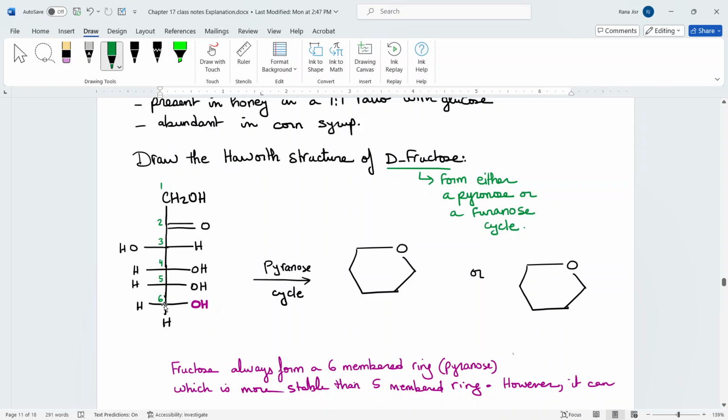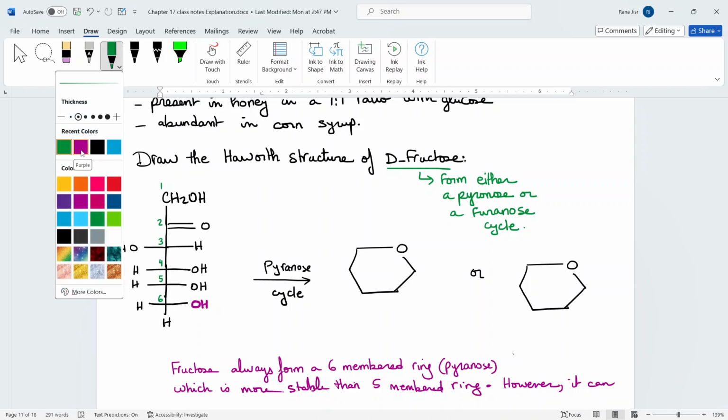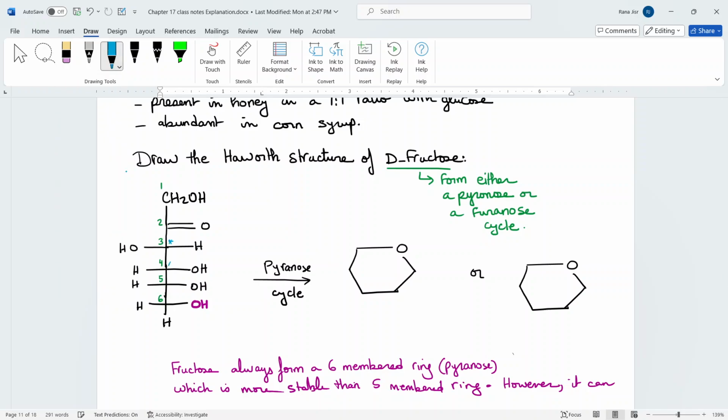This carbon doesn't have 4 different groups around it. It has 2 hydrogens that are the same. So the only ones that are chiral, let's put an asterisk on those. These are carbons 3, 4, and 5. So you do have 3 chiral centers. You have 8 stereoisomers.